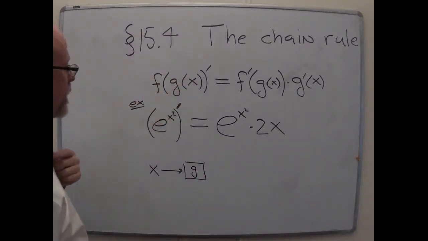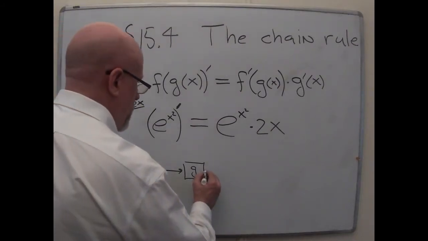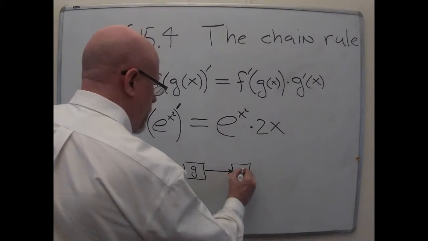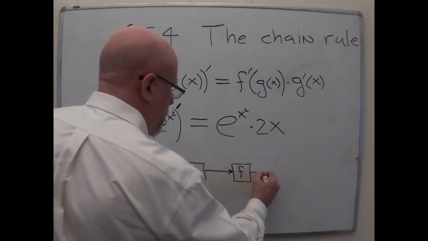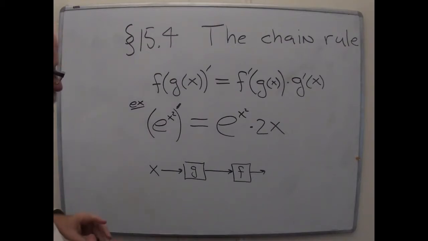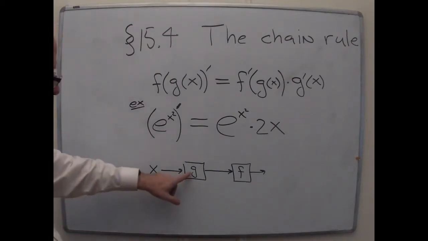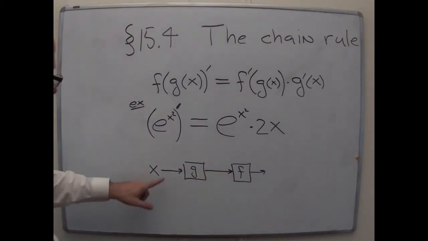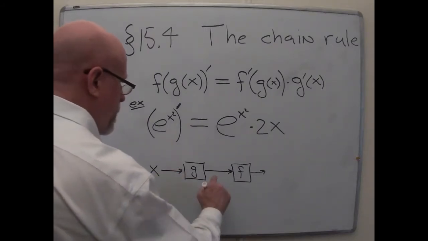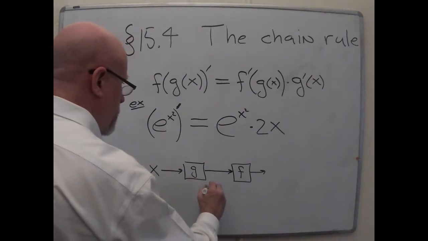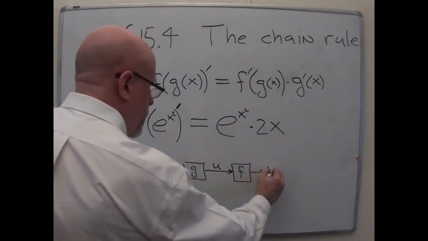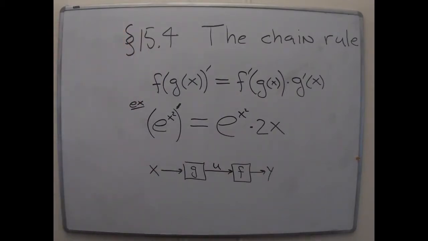This is what's known as a hidden variable, because g then just gets fed right into f. And then the output is called f of g of x. In Leibniz notation, things work more smoothly if, rather than referring to the functions, you refer to the variables. So let's call the value that comes out of g of x u. And then y would be the output from f.